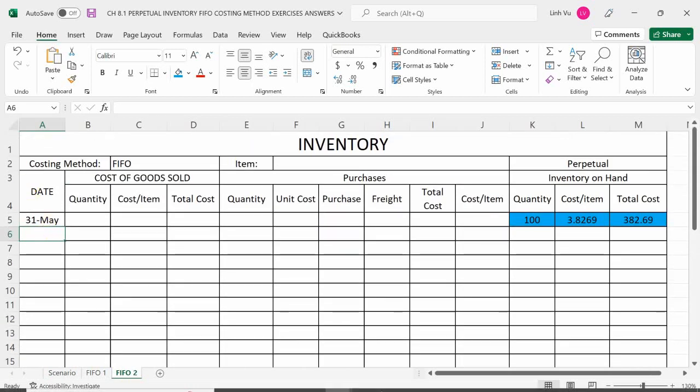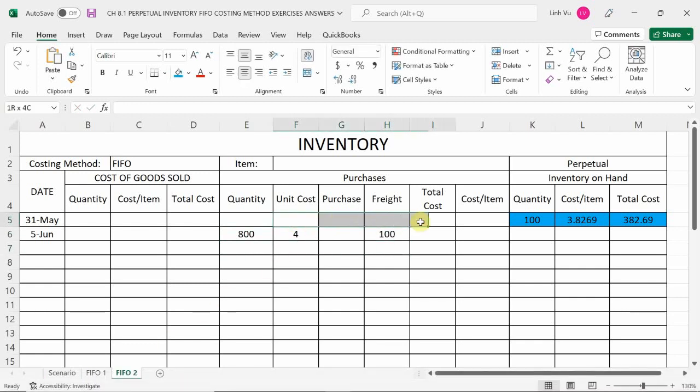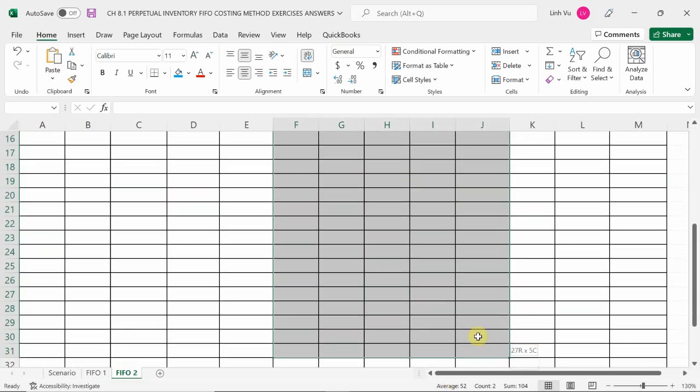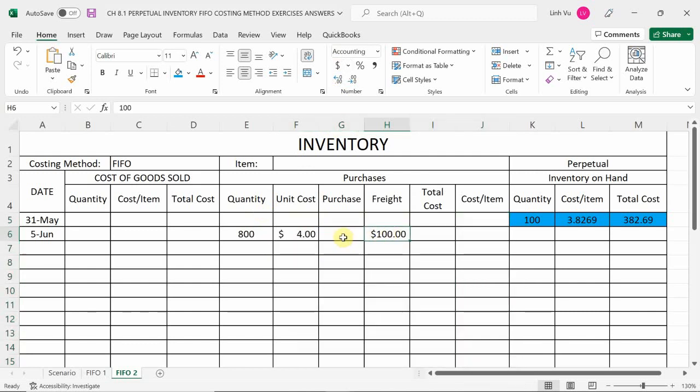On June 5th, we didn't sell, but we did purchase 800 units at $4 each, with a freight of $100.